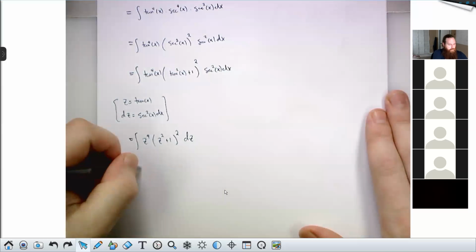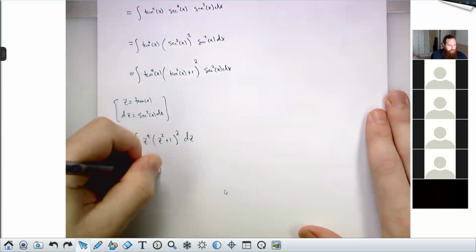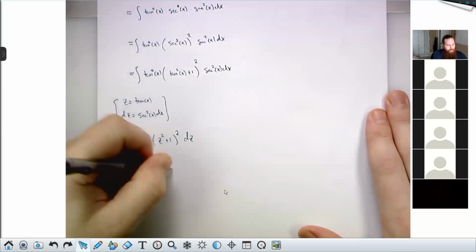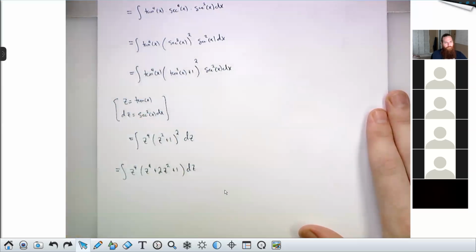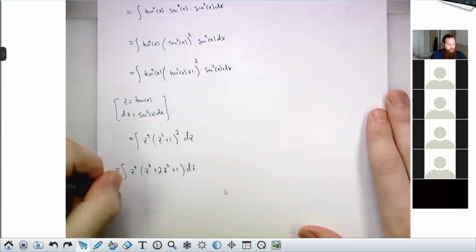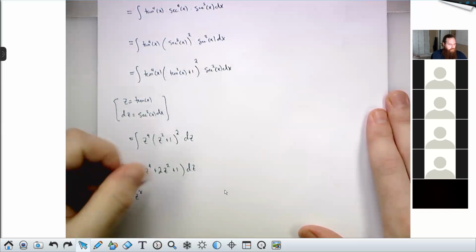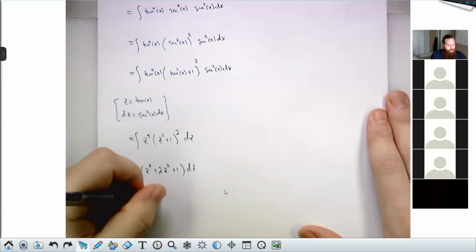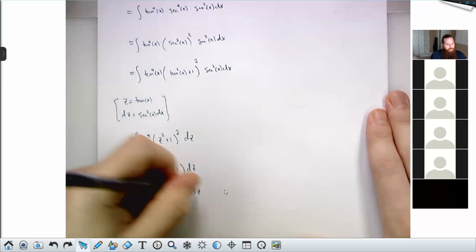So I'll have z to the 4 times, here when I FOIL this out, I'll have z to the 4 plus 2z squared plus 1 times dz. And that'll give me z to the 8 plus 2 times z to the 6 plus z to the 4 dz.